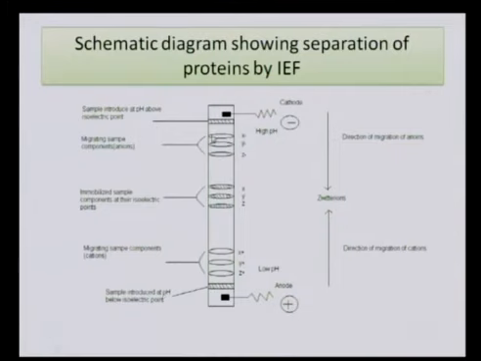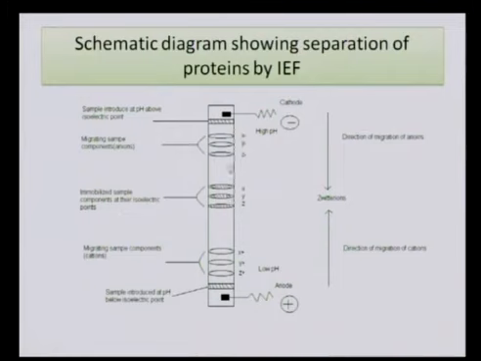On the strip we have mentioned sample introduced at pH above the isoelectric point, and at the bottom sample introduced below the isoelectric point. On the right side you can see the direction of migration of anions and cations, and in the middle there is a state called zwitterion formation, and here you can see these zwitterions are immobilized.